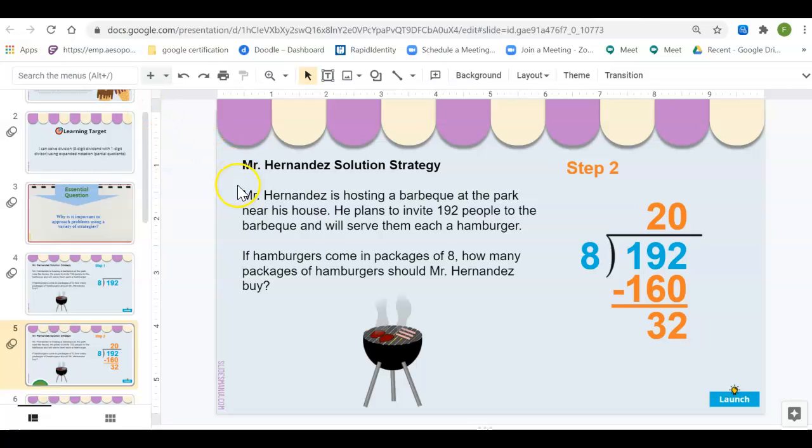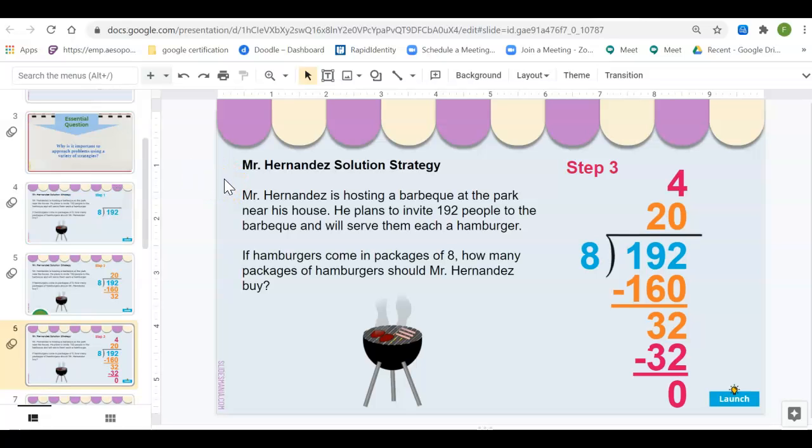Pause this video again as often as you like so that you can analyze the steps that are being taken. Moving on to step number 3, in the pink you'll see that there are some additional numbers that have been added in. Mr. Hernandez asked himself, what number times 8 will get me equal to or close to 32 without going over?